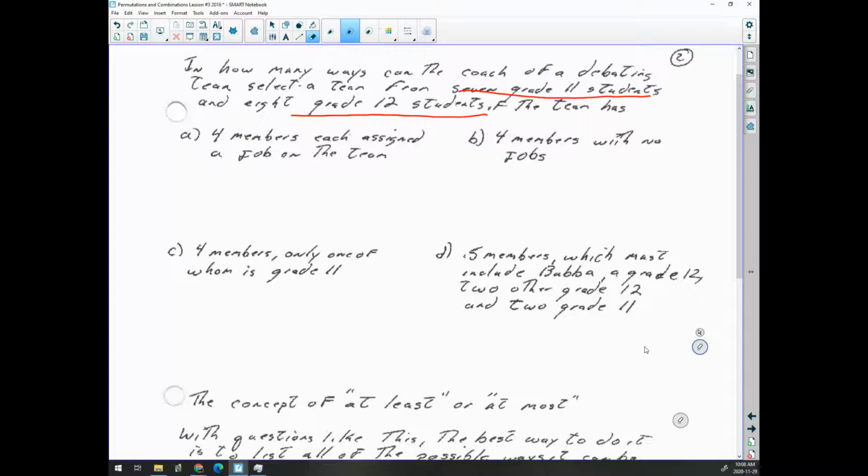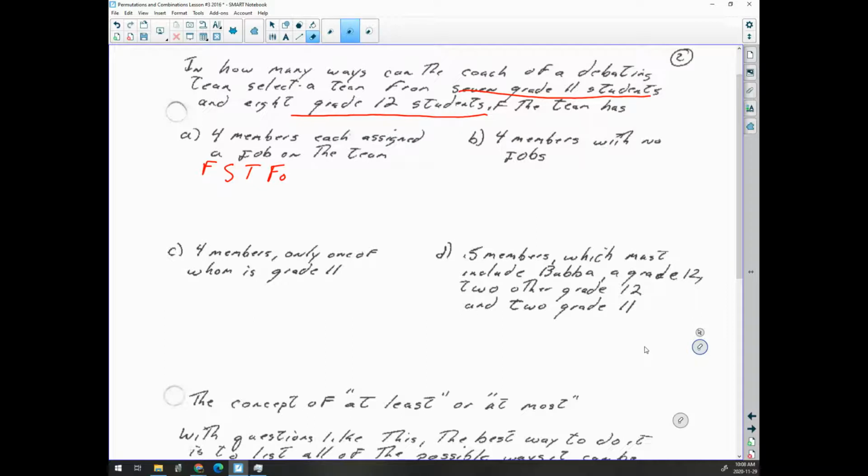Now, first part A, four members each assigned a job on the team. So we're talking about a group of four, or four people on a committee that each have a job. I'm just going to call it first position, second position, first, second, third, and fourth.